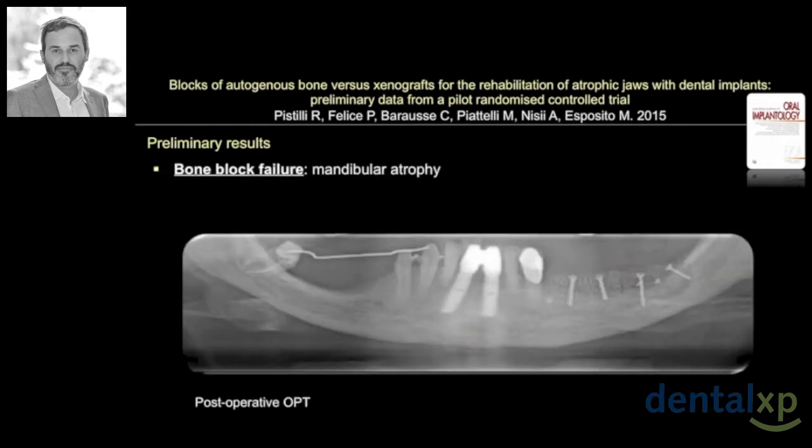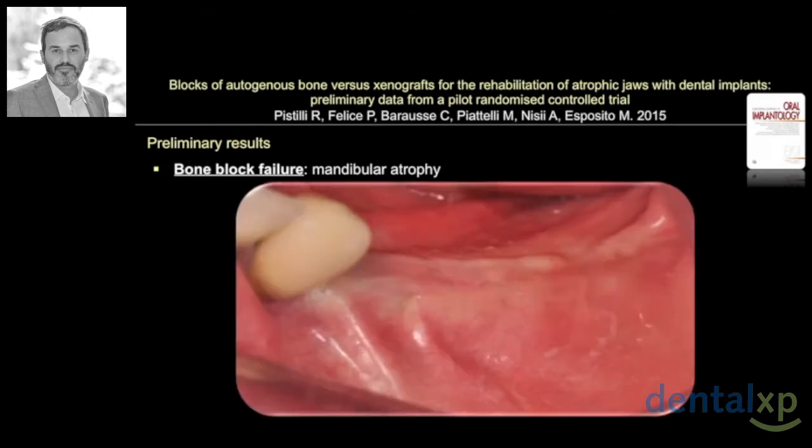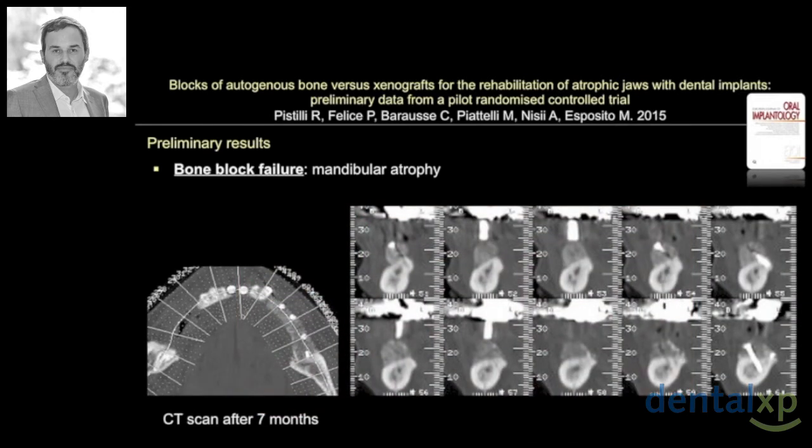And look, radiographic imaging shows a good vertical bone increase. And after healing there is perfect soft tissue. But the CT scan shows something is wrong despite waiting 7 months.